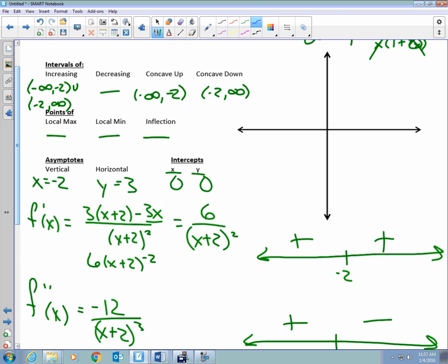So we'll go 2, 4, 6, 8, 10. And x equals -2. Y equals 3.